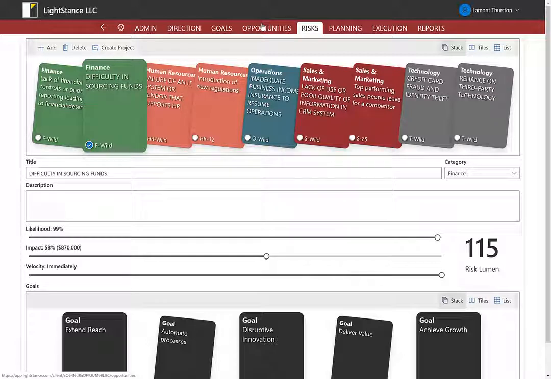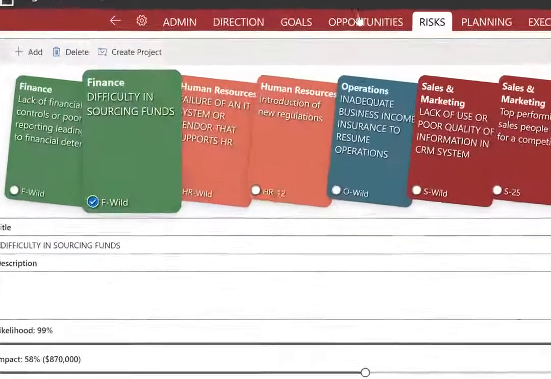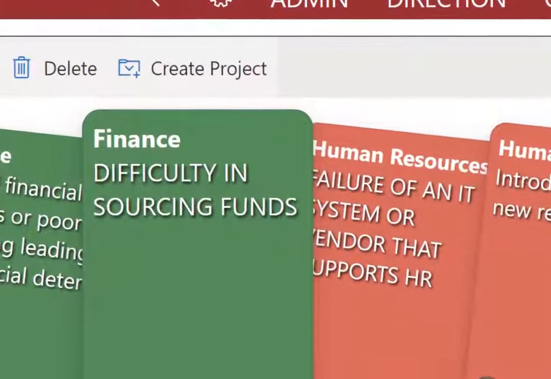So the creation of that risk and the discussion around it, what it does to operations, what it does to human resources from a work from home or a social distancing aspect, how it impacts demand, how it impacts our supply chain in other parts of the world that are in varying stages of shutting down or locking things down from a mobility standpoint. All of these things can be shared, captured, and delivered through the Lightstance platform.